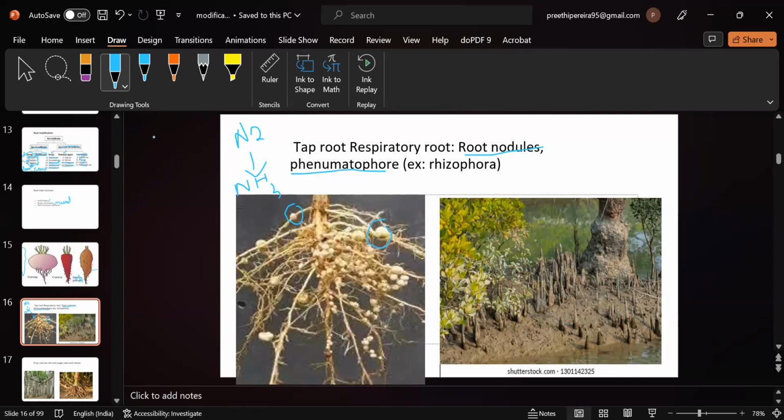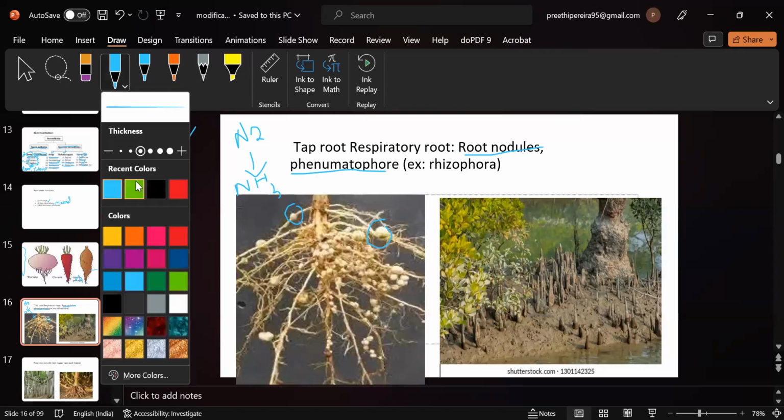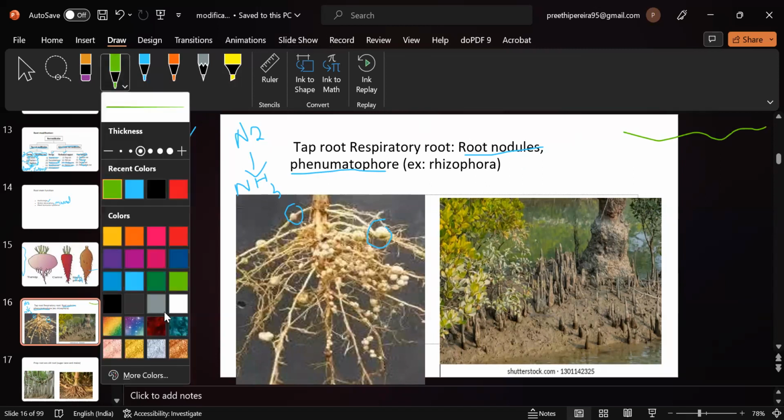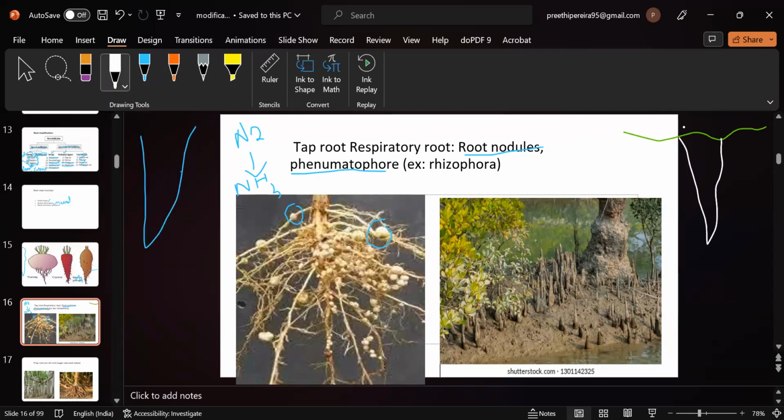So that is the reason what happens is, root ऐसे अंदर है ना, if you consider this part as the soil, and these are the roots, these roots will produce secondary branches and they will come above like this.